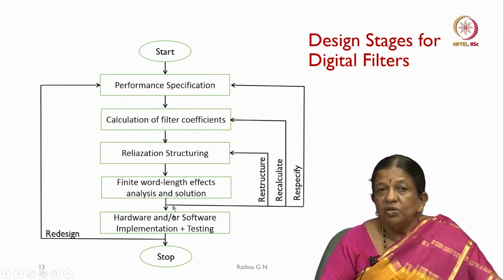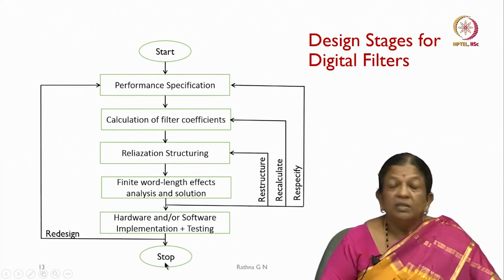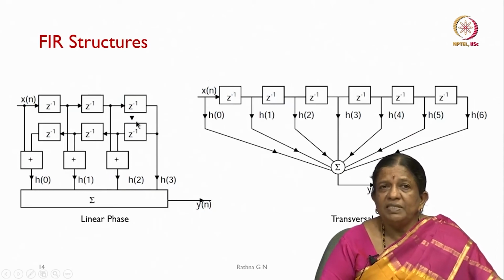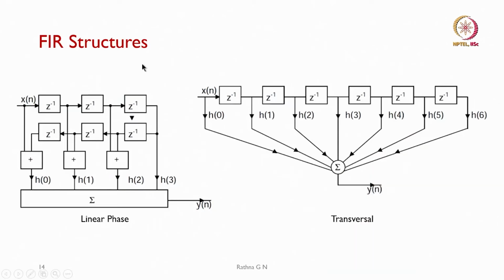If the finite word length is not met at any one of the stages, we can go and fine tune any one of these stages. If everything is feasible, then we stop our design. As we said, some of the structures also matter.